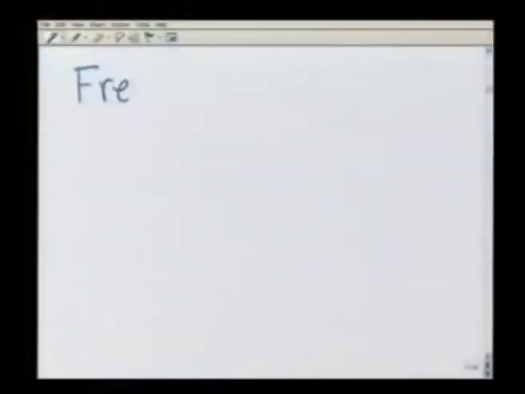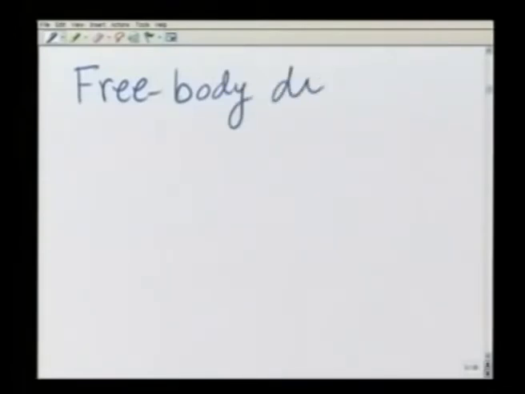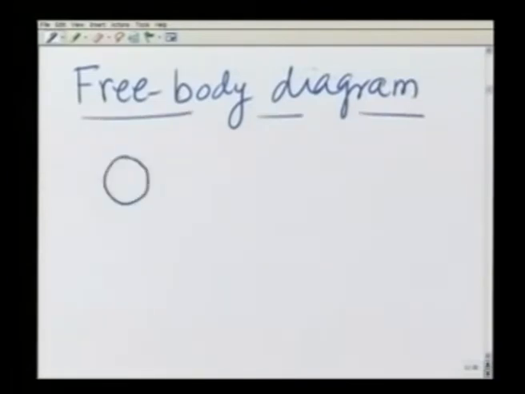Next, if I were to make the free body diagram for the 2 masses, let me remind you again what a free body diagram is. A free body diagram is where I replace the agency causing the constraint by the force of constraint that it applies.